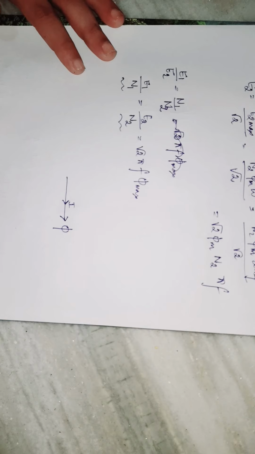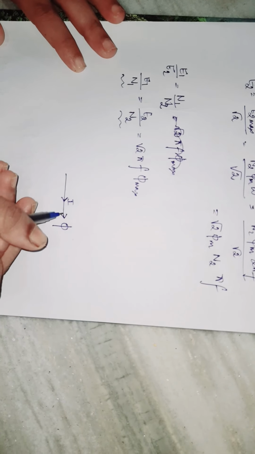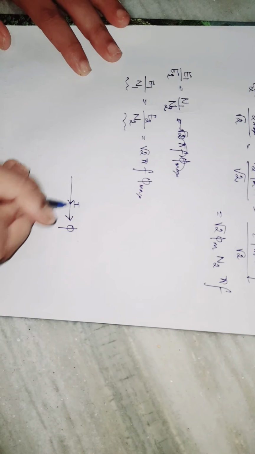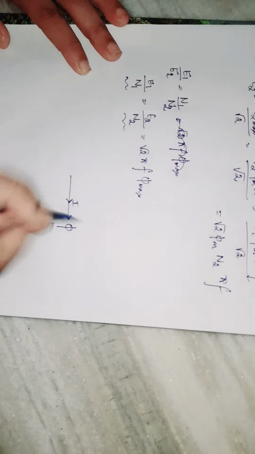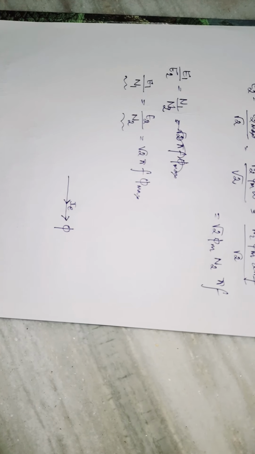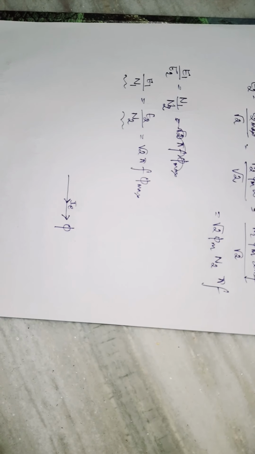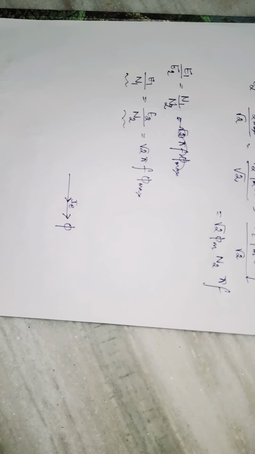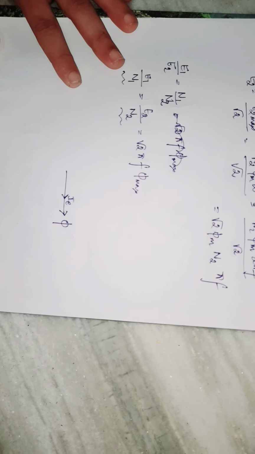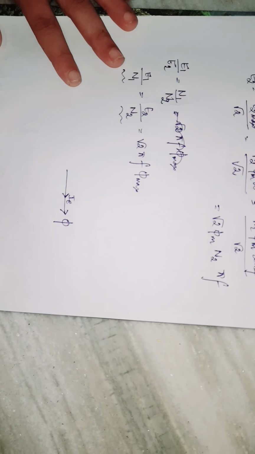The MMF produced, like in the primary circuit N1 I1, produces this flux, so they are both in phase. We can simply write it as I mu. This is the magnetizing current because, as you know, it's the ideal case and no losses are considered. So whatever current is present is used only to magnetize the core.